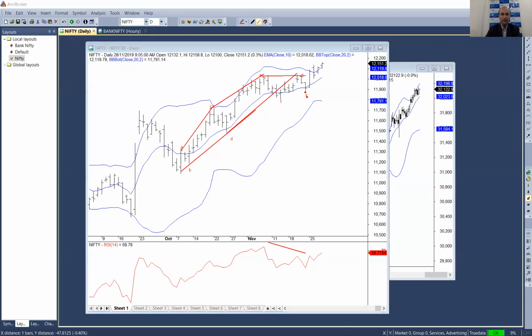So this clearly showcases that the trend that you are seeing right now on the markets is definitely positive, and it's futile to come against the trend unless and until we see a close below the prior day's low.